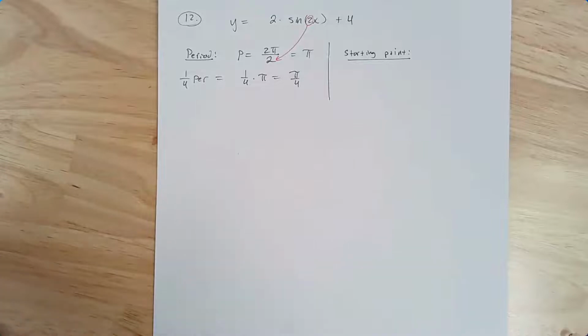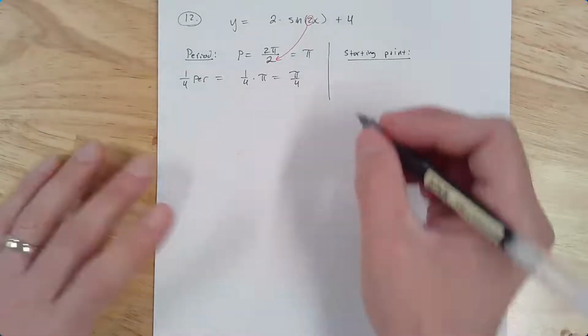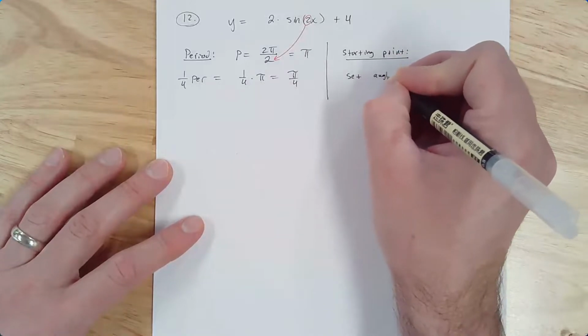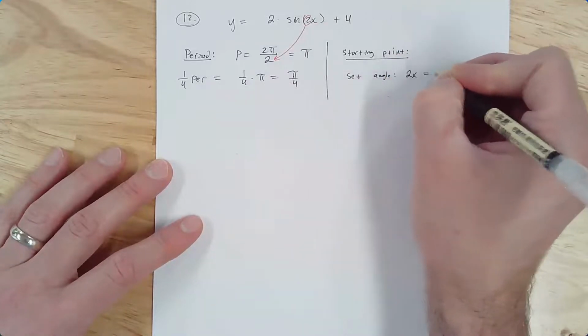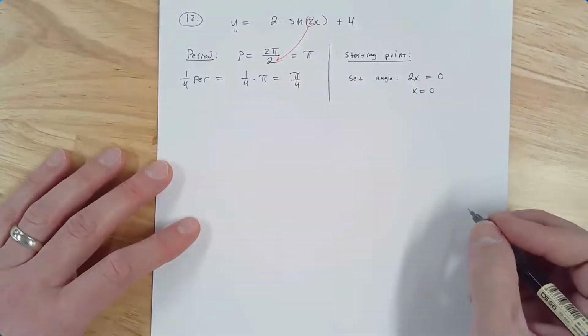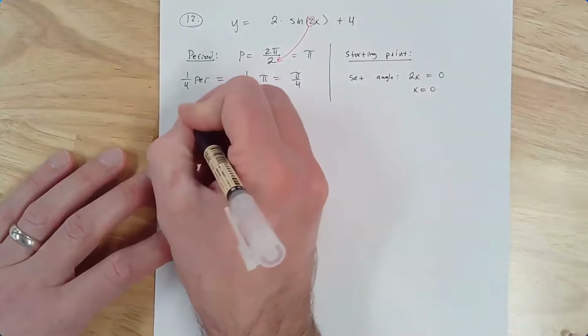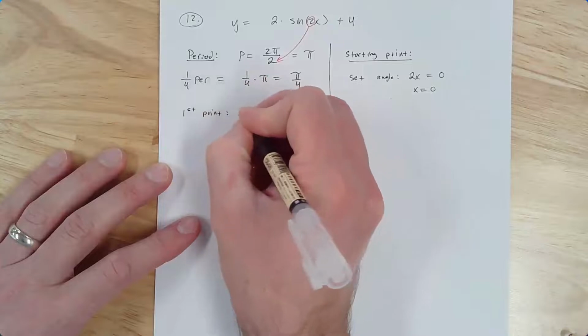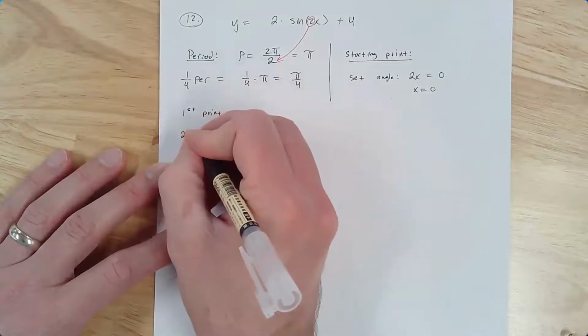But the way you would find the starting point in general is by setting the angle 2x equal to 0. And that's just going to give you x equal to 0. So your first important x point is 0. What's my next point going to be?